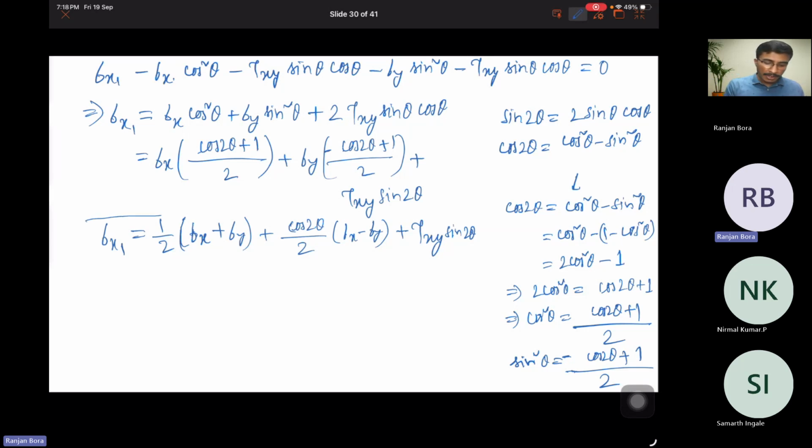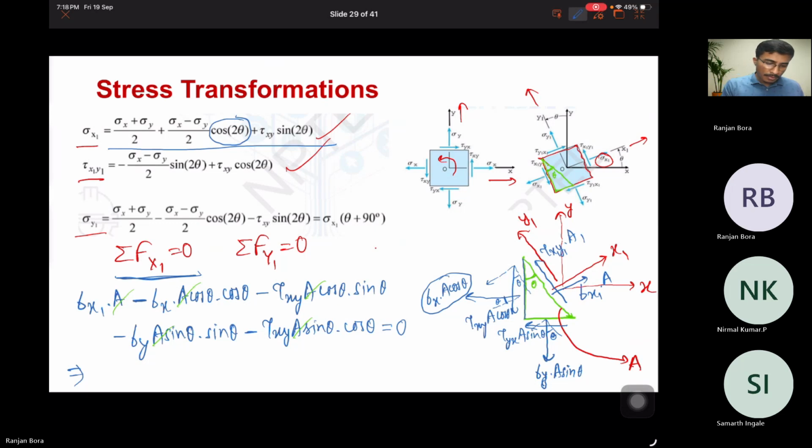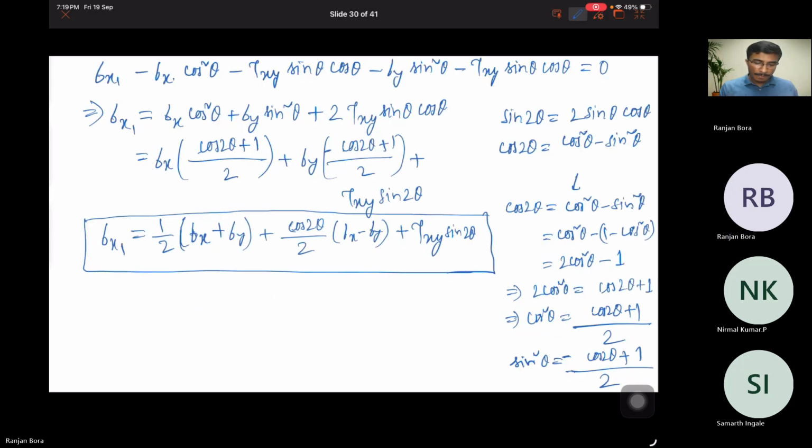Okay, now we have got that expression: sigma x plus sigma y by 2, plus sigma x minus sigma y by 2 cos 2 theta plus tau xy sin 2 theta.